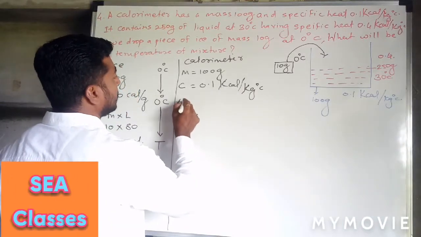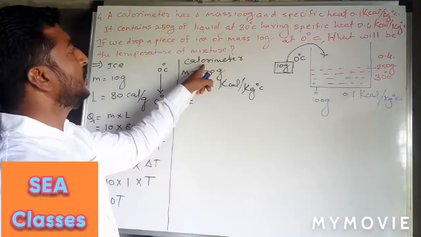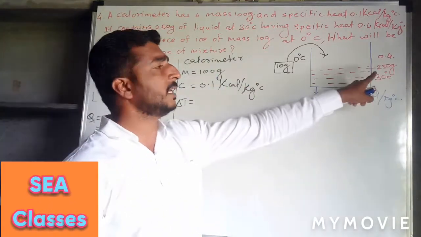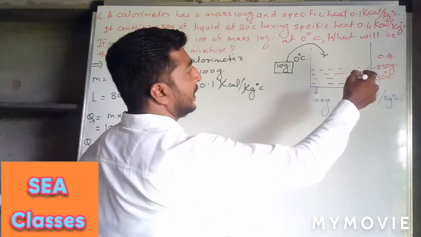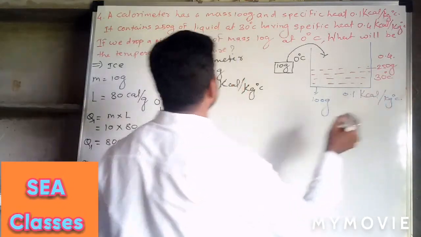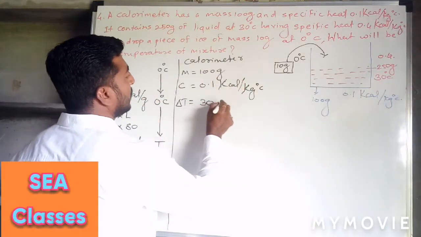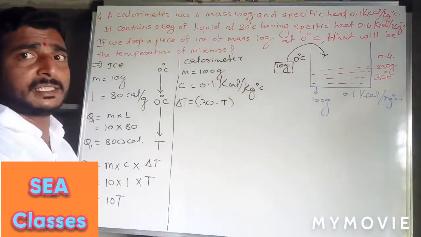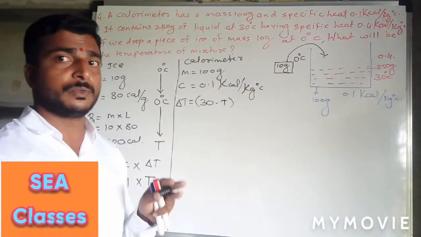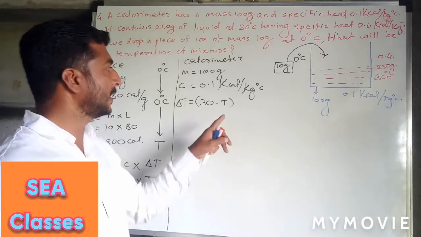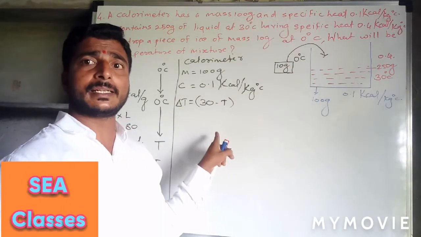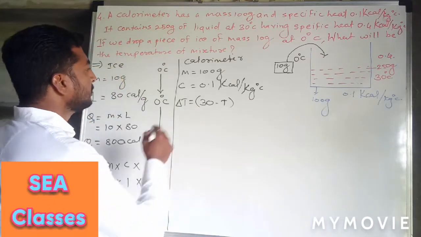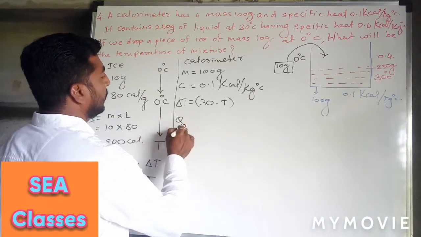Then delta T. What was the initial temperature of this calorimeter? The same temperature as that of the liquid, that is 30 degree, and it is going to drop from 30 degree to T. So it will be 30 minus T. T is the temperature of the mixture at last. We don't know the value of that temperature, so we are taking T. So it is going to drop from 30 to T, so we are taking 30 minus T. Now here we will find the value of Q3.